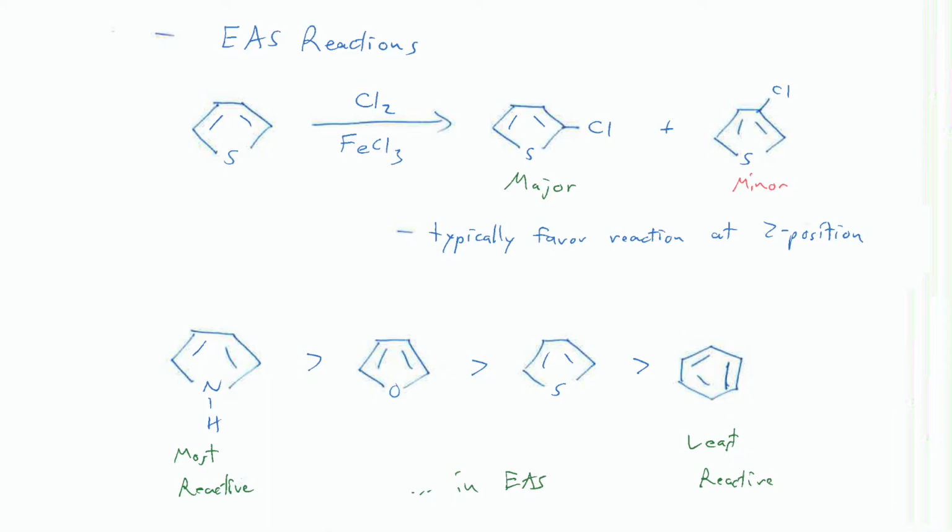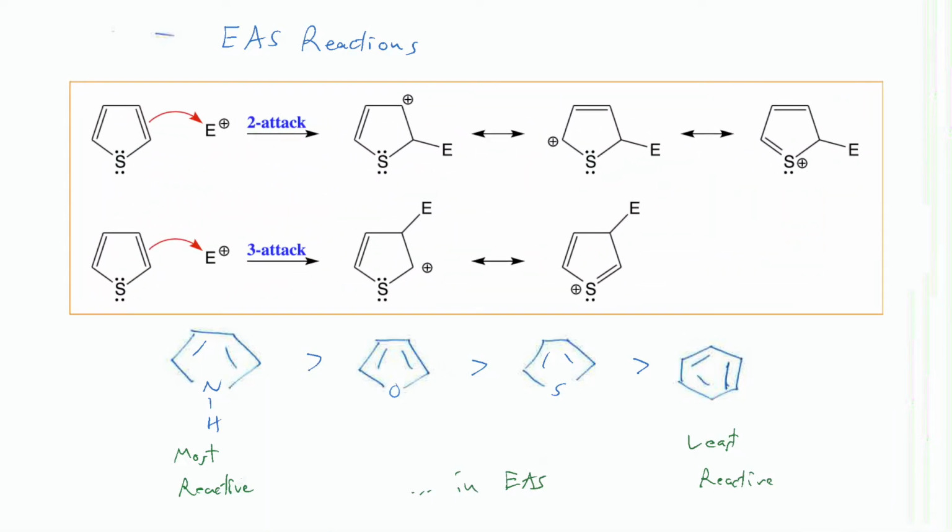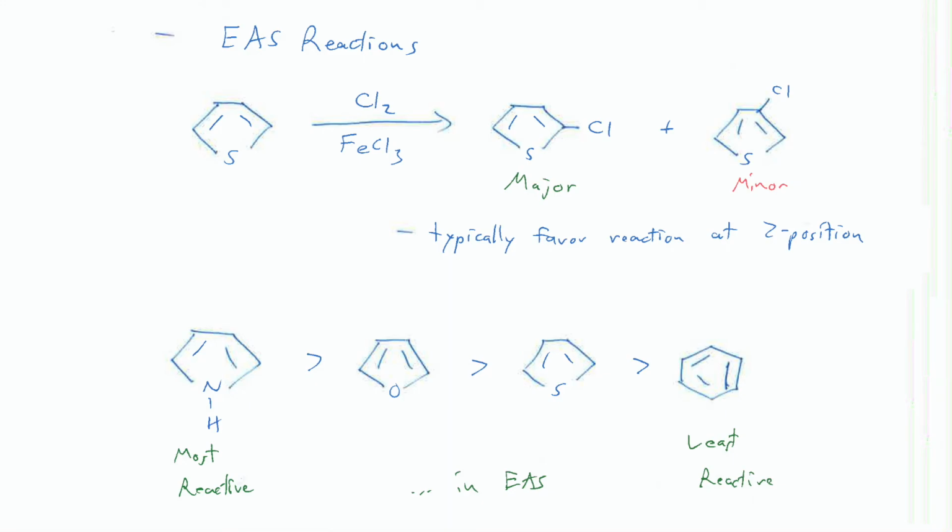The regioselectivity of the reaction is that it prefers substitution at the 2 position over the 3 position. This is simply because the intermediate carbocation formed has more extensive resonance stabilization when the second position is attacked versus the third position. It's essentially the same kind of argument we made when we discussed the regioselectivity of substituted benzenes, the whole ortho-para versus meta attack.